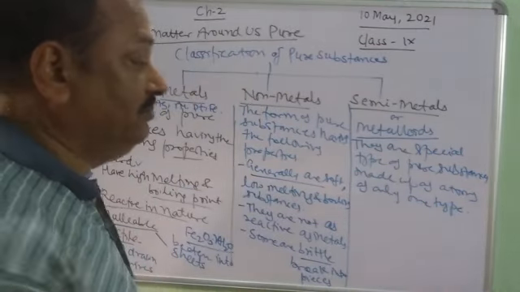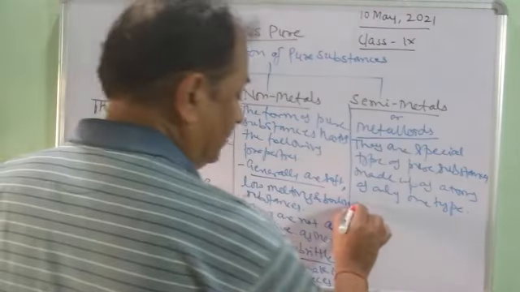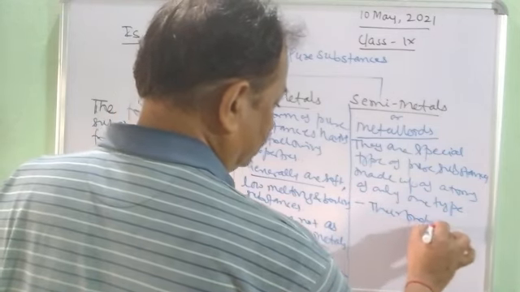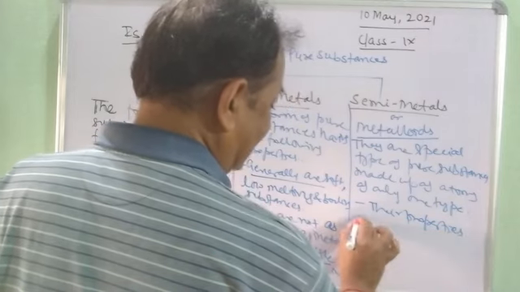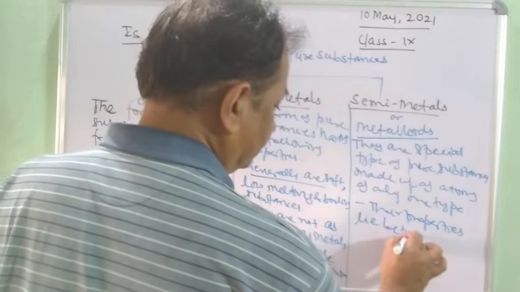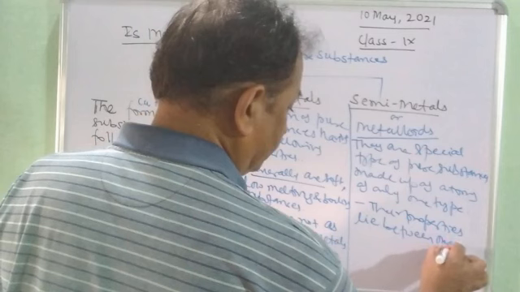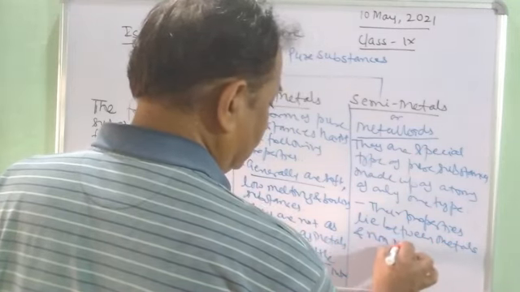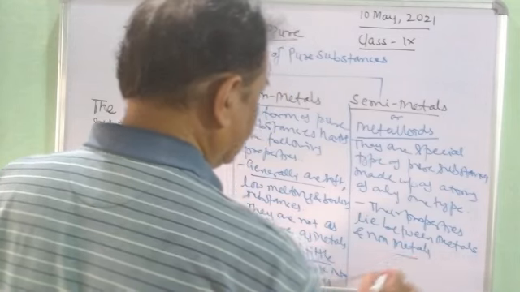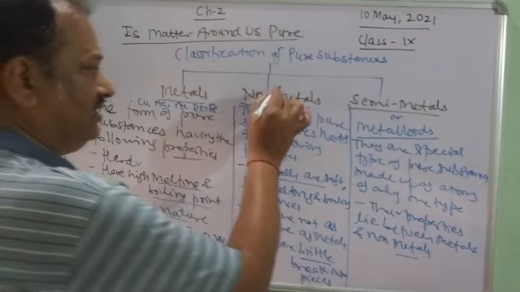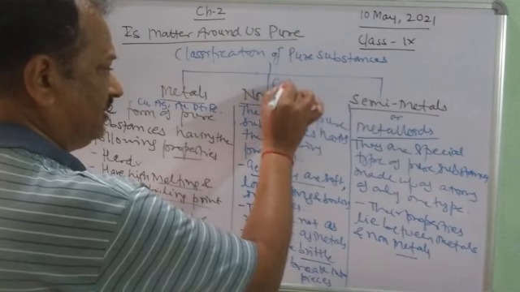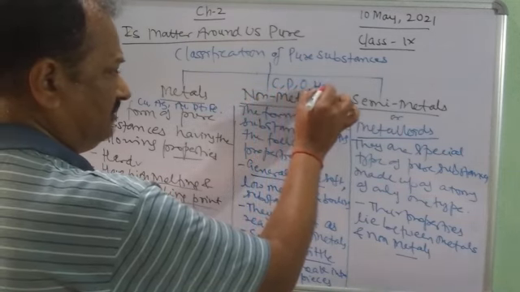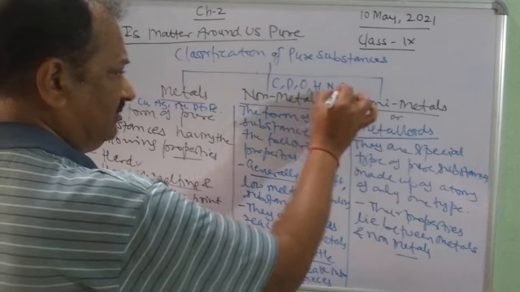And you can keep in mind that their properties lie between metals and non-metals. And so here non-metals examples, children: carbon, then phosphorus, oxygen, then hydrogen, then nitrogen, sulfur.